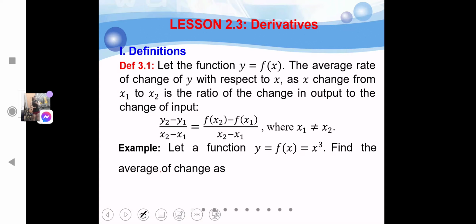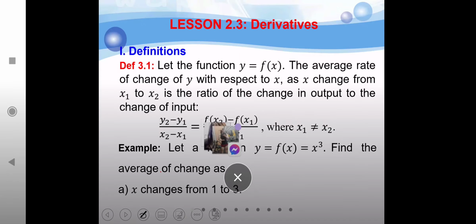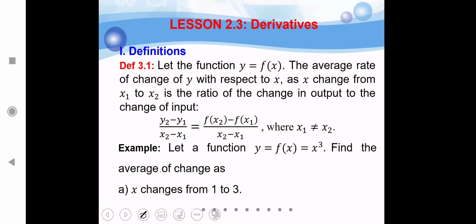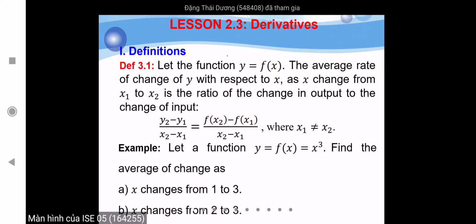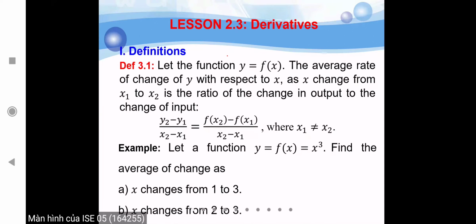Now you solve this example for me. Let the function y equal f(x). Find the average rate of change as x changes from 1 to 3.